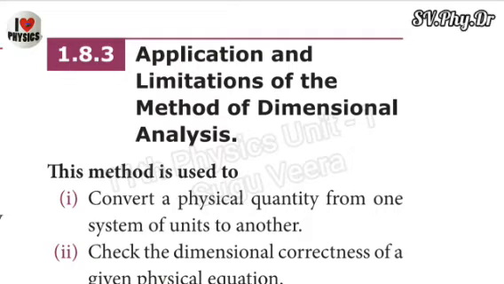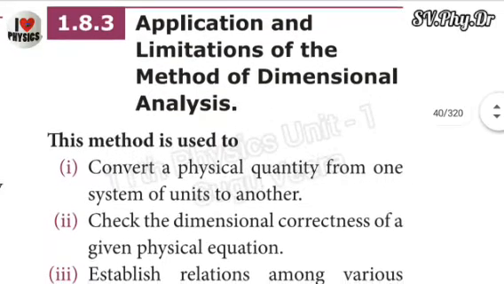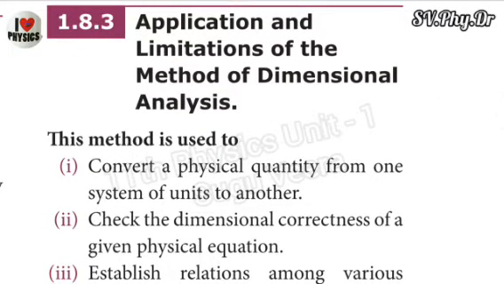This method is used to convert a physical quantity from one system of units to another. Second, to check the dimensional correctness of a given physical equation. Third, to establish relations among various physical quantities.